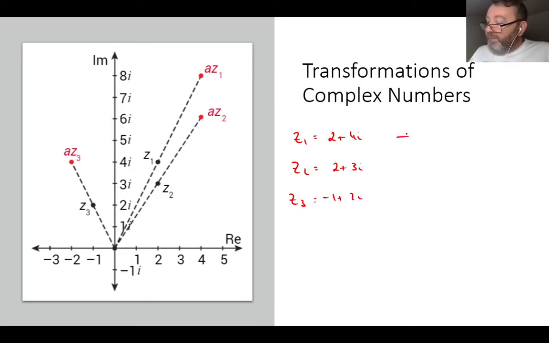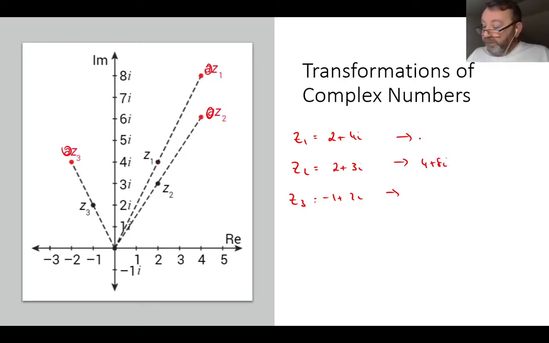Now, what's happened is they've been stretched by some factor called a. See that? Now, in order to stretch a complex number away from the origin, the value of a obviously has to be greater than 1. That makes perfect sense. If you multiply by 1, it stays the same. If you multiply it by anything greater than 1, it starts to stretch away from the origin along that same straight line.